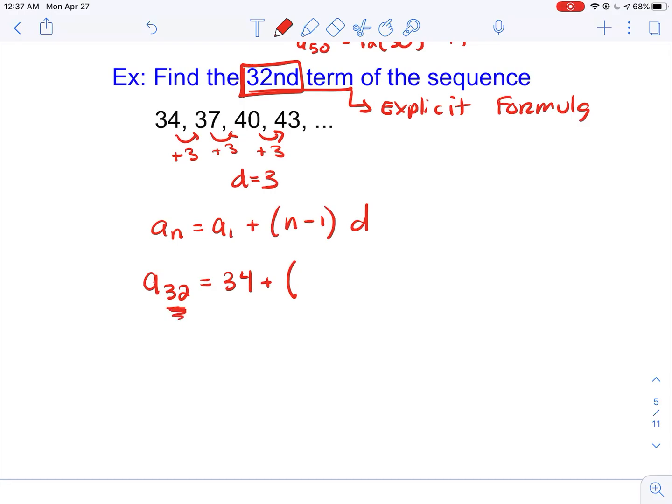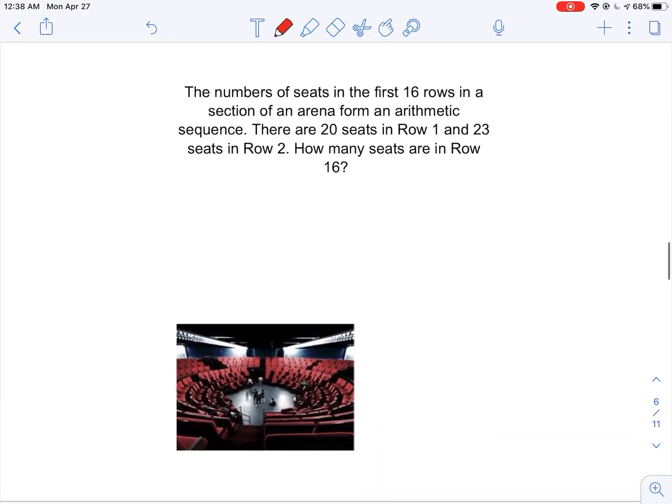A1 is my first term, plus n, which is going to be the same as that n right there, minus 1, and my common difference of 3. So now from here, I can type that directly into my calculator to get my value. And if you type this in, a sub 32 is equal to 127. So that means if I follow the pattern all the way through, I should get 127 as my 32nd term.